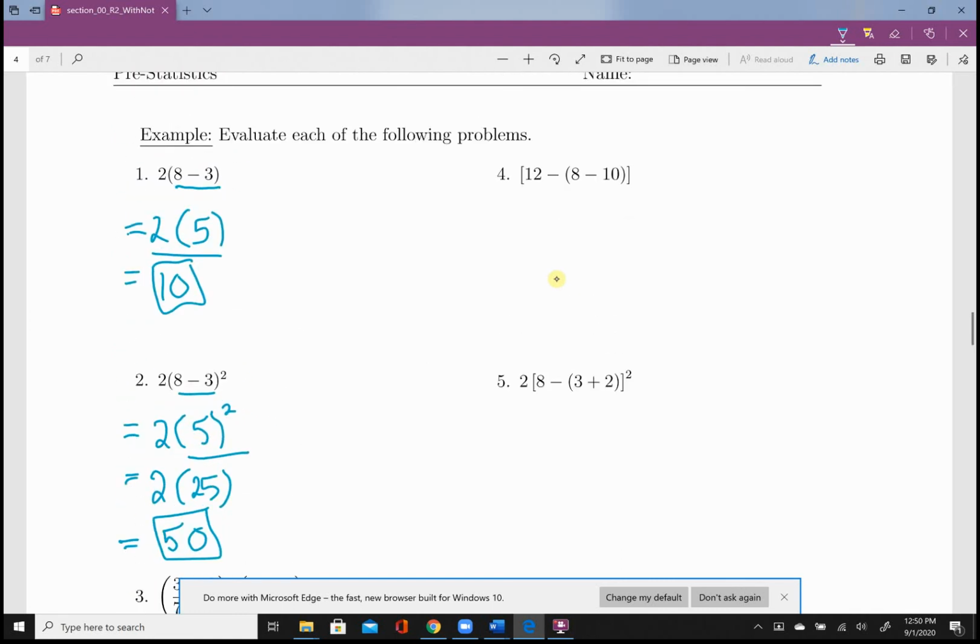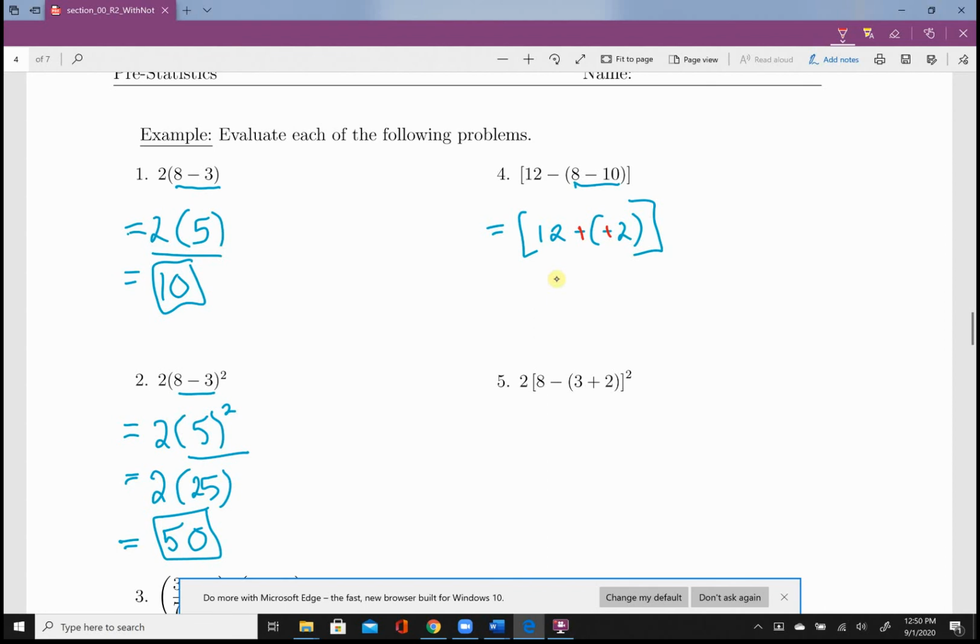Next, over here we have 2 different sets of grouping symbols. Let's do the parentheses first, or the innermost grouping, and leave everything else for later steps. 8 minus 10 is going to yield a -2. Here we are subtracting a negative, which is equivalent to adding the opposite, right?